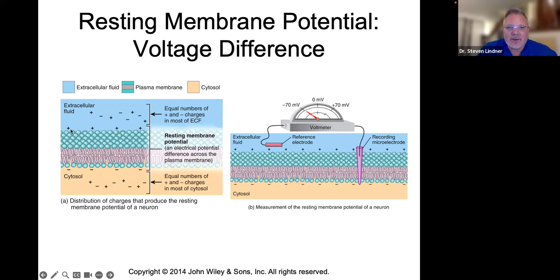But the net difference creates a little bit more of a positive charge outside extracellularly and more of a negative charge intracellularly. And that voltage difference creates the resting membrane potential. When they put that voltmeter inside and they measure it, it gives us a resting membrane potential of minus 70 millivolts.